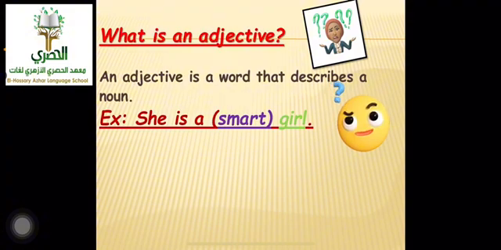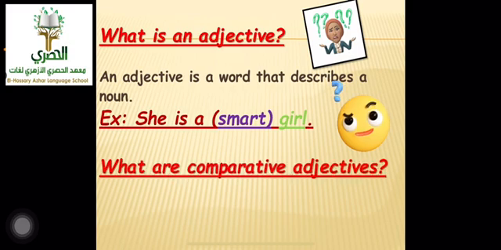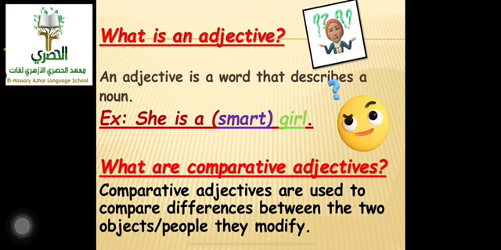So let's move to another question: what are comparative adjectives? Can you think about it? Let's see the answer together. Comparative adjectives are used to compare differences between the two objects or people they modify.